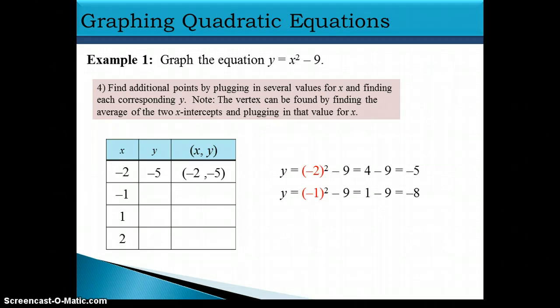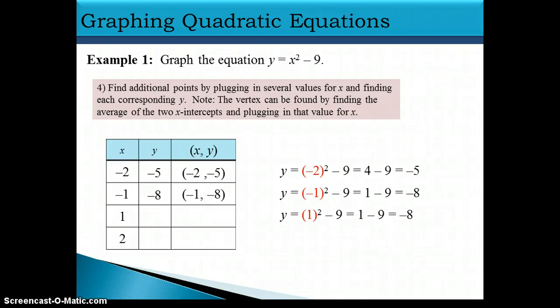Now we can plug in negative 1 for x, and when we square negative 1, we get positive 1, and 1 minus 9 is equal to negative 8. So when x is negative 1, y is negative 8, which gives us the ordered pair negative 1, negative 8.